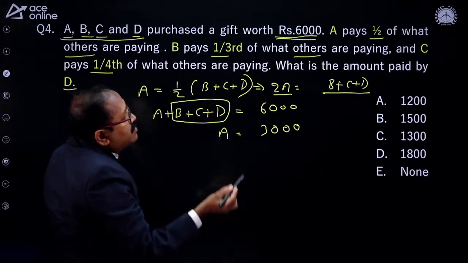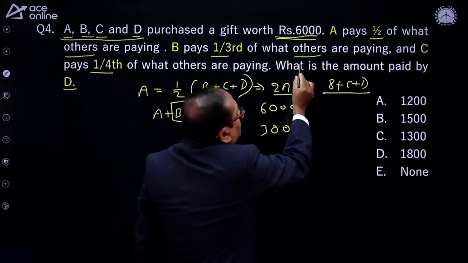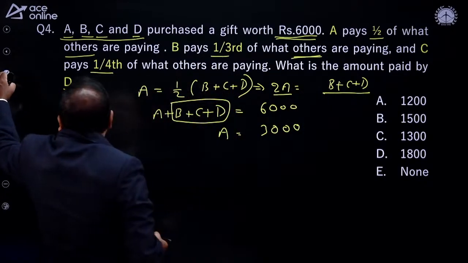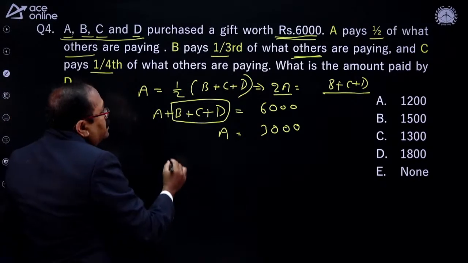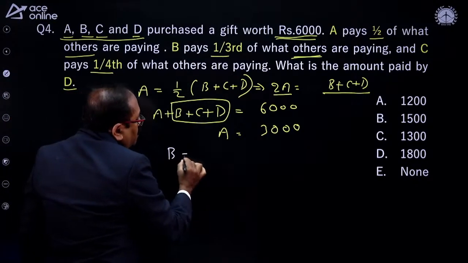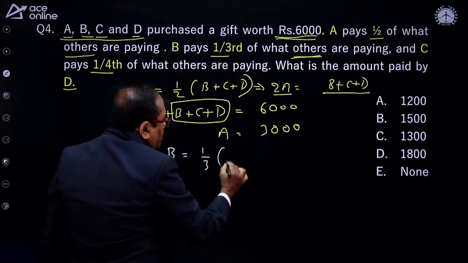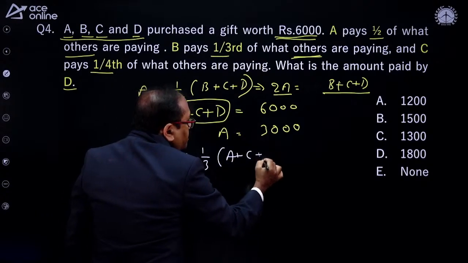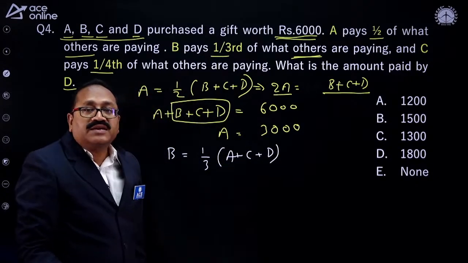B pays 1/3 of what the others pay. So here again I am getting another equation, that B is equal to 1/3 of A plus C plus D. This is what is said here.